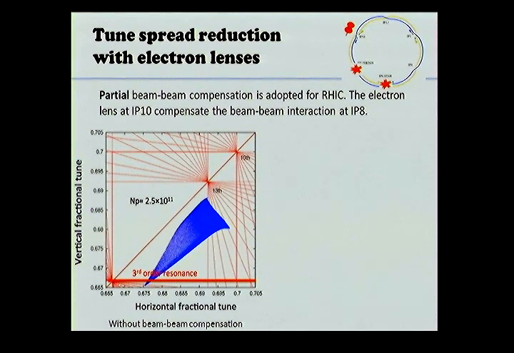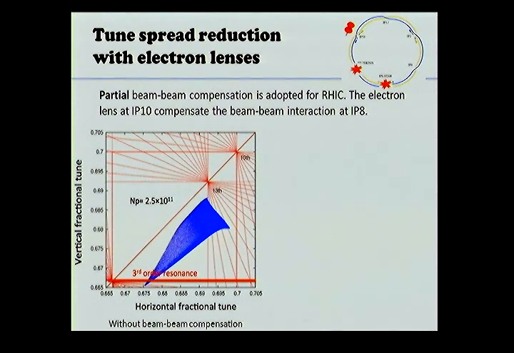Here I show how the tune spread changes with beam compensation with the electron lenses. In RHIC, we have two interaction points, one at IP6, one at IP8. For each ring we only have one electron lens. In RHIC, we adopt partial beam compensation. For example, with half beam compensation, we use the e-lens at IP10 to compensate the beam interaction at IP8.